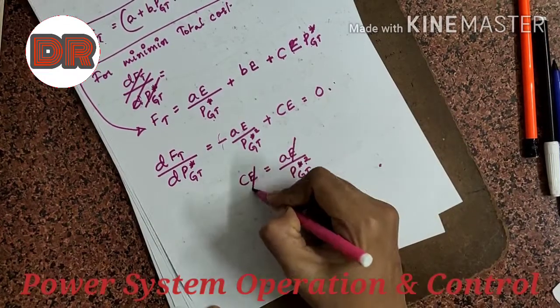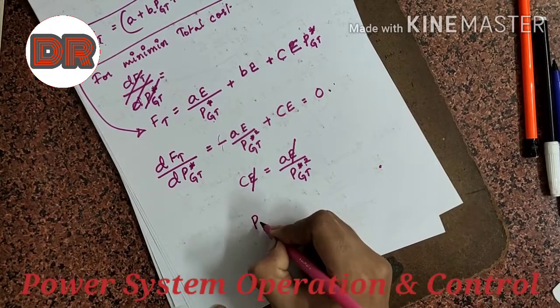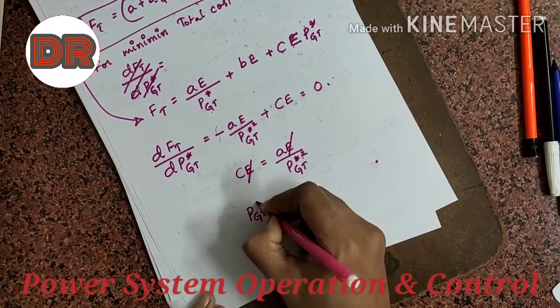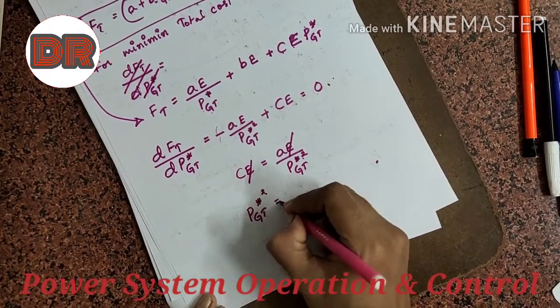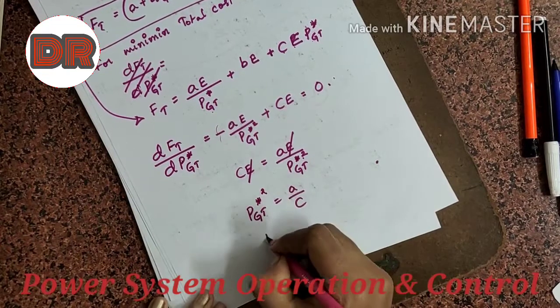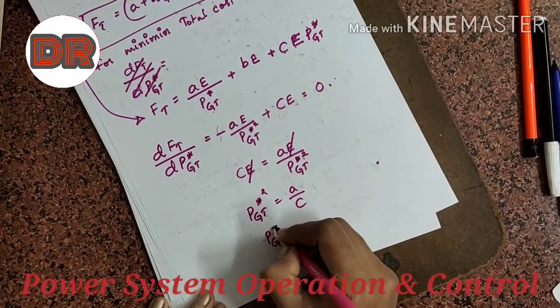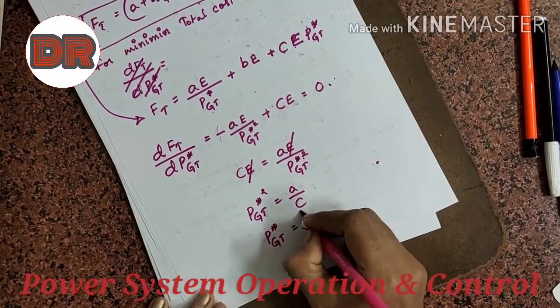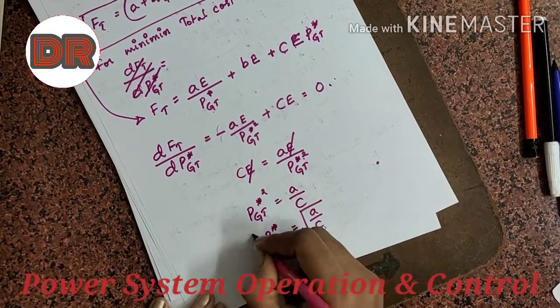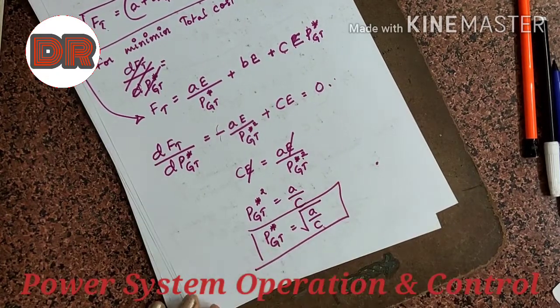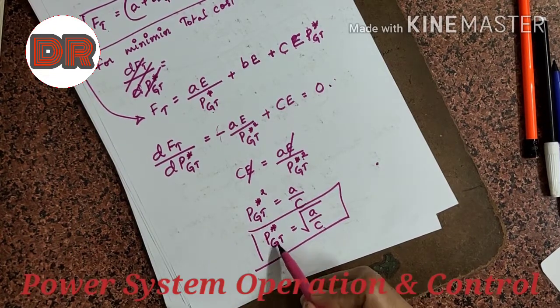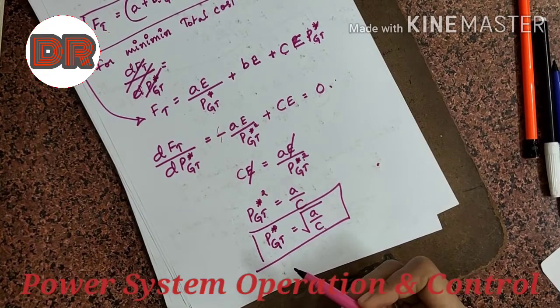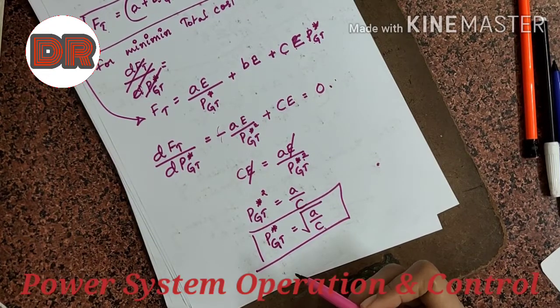So E gets cancelled. What is PGT star square? It's A by C. So PGT star is the square root of A by C. So we have written the scheduling of the thermal power plant. This equation gives the power PGT star at which the thermal unit must be operated to minimize the total cost.